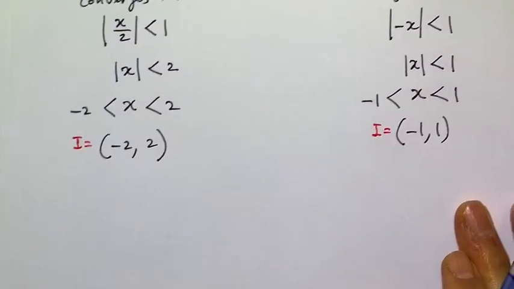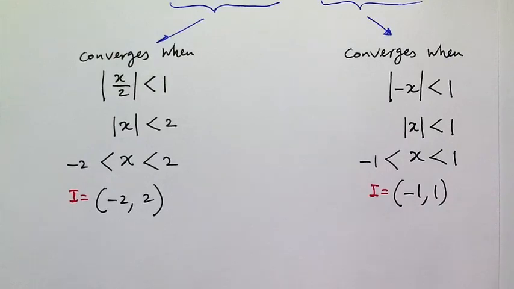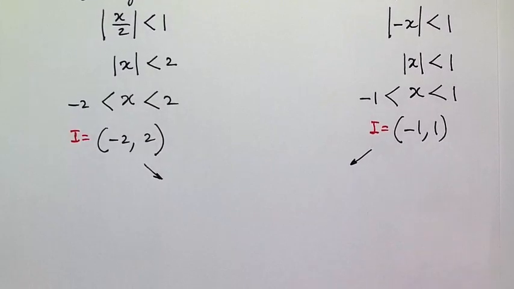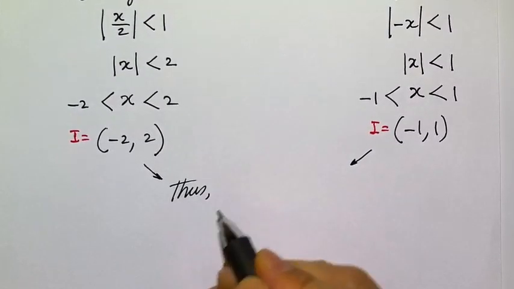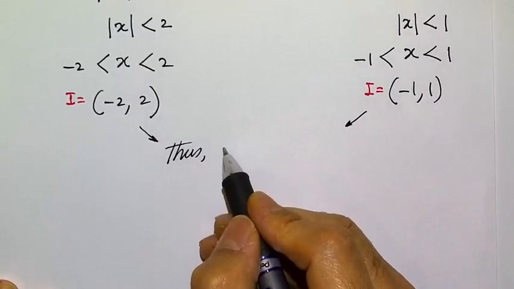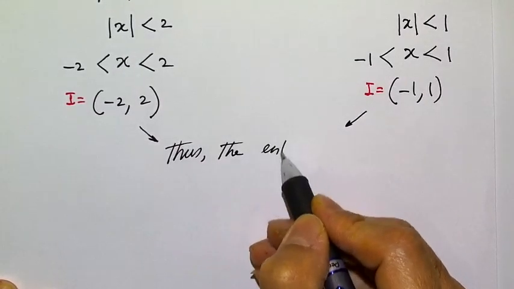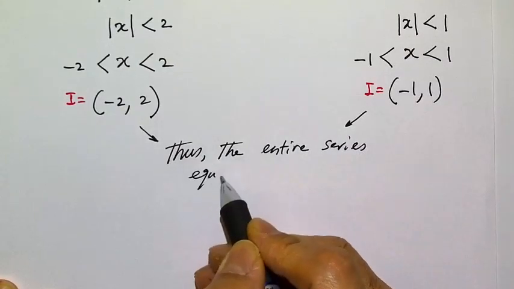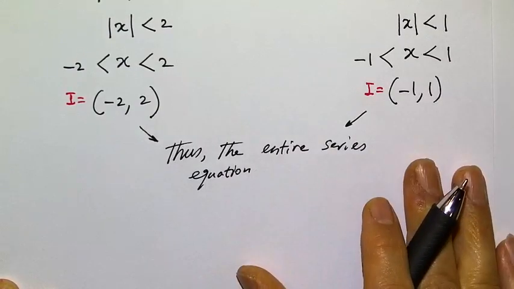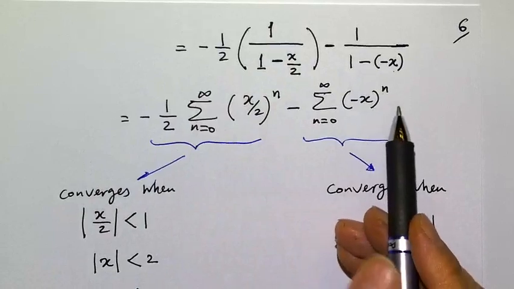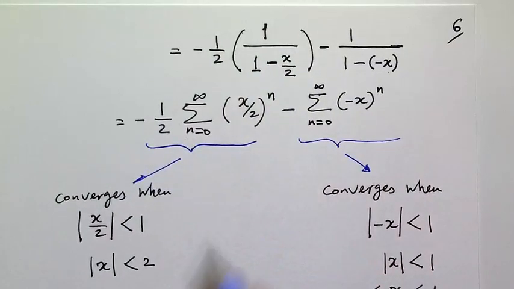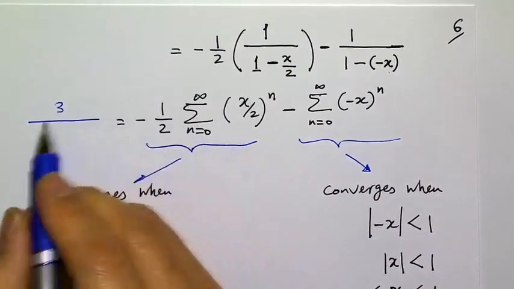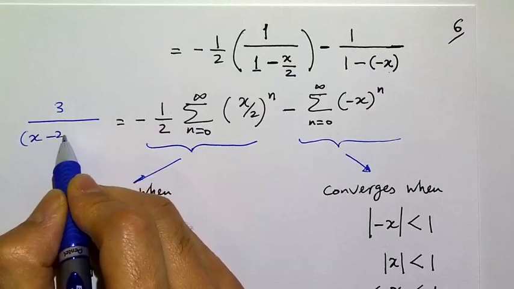Okay, so let's point that out. So here, looking at both of these, let me move this up a little bit. So thus the entire series equation, that means these two together. As a matter of fact, let me put a box around that. So this was the series conversion of this function that we started with.